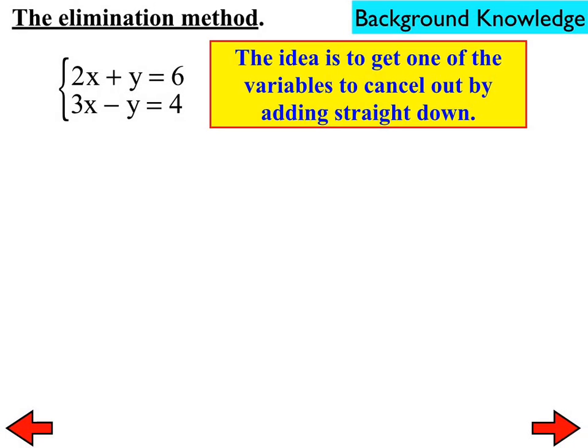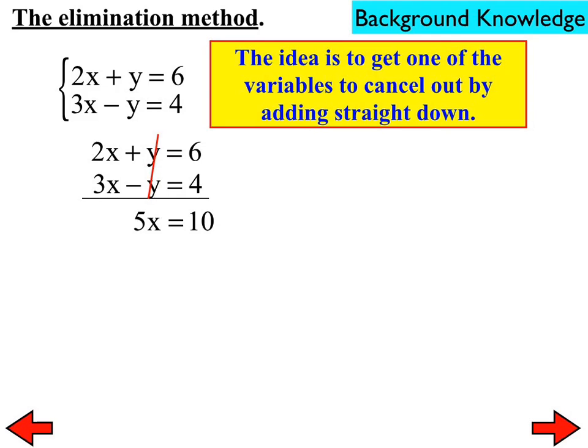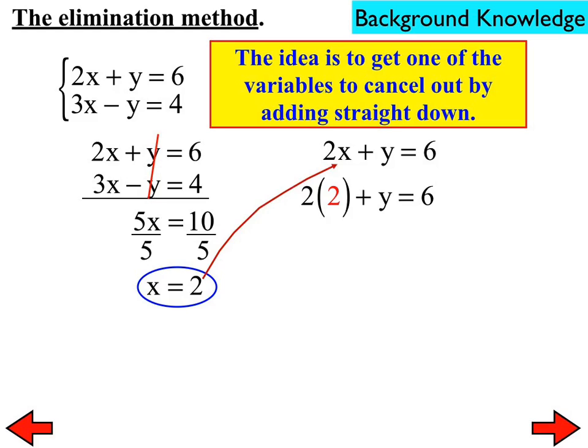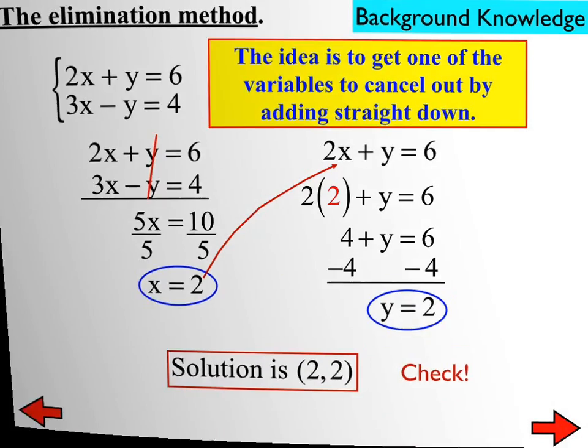And here were a few problems that we talked about yesterday, where we're trying to eliminate a variable by adding straight down. I also told you that sometimes the elimination method is referred to as the addition method, and that's exactly the reason why, because we add straight down. So that was one problem we did yesterday.